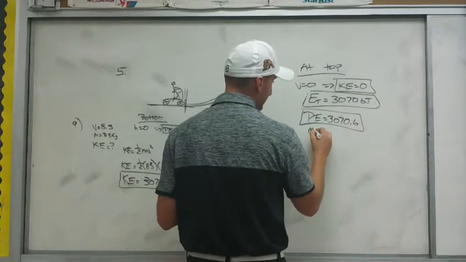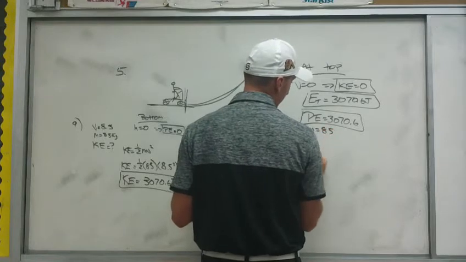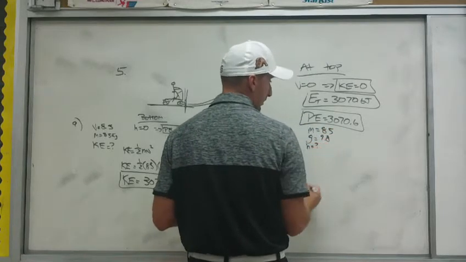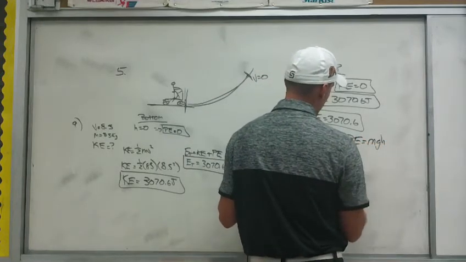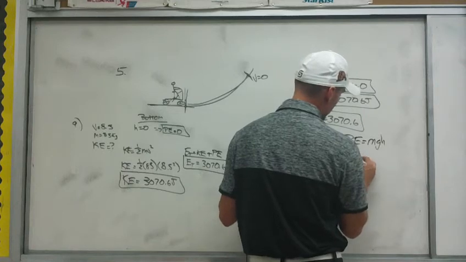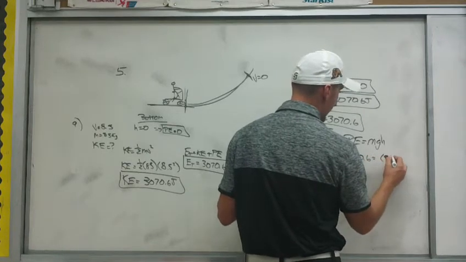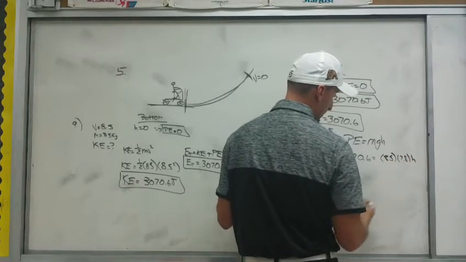I know the mass is, what was it, 15? No, it's 85. And G is 9.8. I can find H by just using potential energy. PE equals mgh. 3070.6 equals mass 85, G 9.8, H is what I'm looking for.